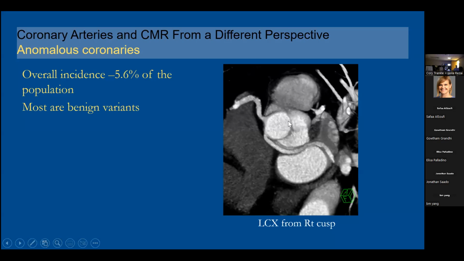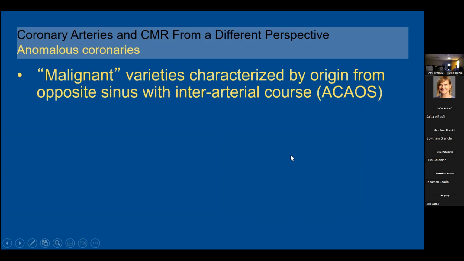This is from a reconstructed CTA, and it shows the left coronary artery arising from what appears to be a bicuspid aortic valve, and it has a retroaortic course. So from a right-sided cusp, and it has a retroaortic course, and going to its location, this is considered a benign variant.